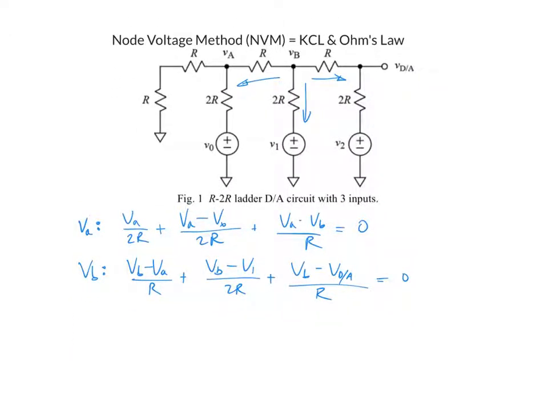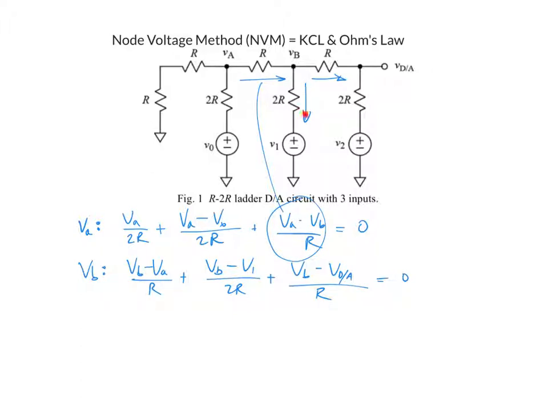Okay, so I want to show you something here. This current in the middle, that was this guy here. But notice this current, as I wrote it when I did VA, is this guy right here. So when I do node VB, how would I write that current? Well, at node VB, I'm saying currents going out are positive.